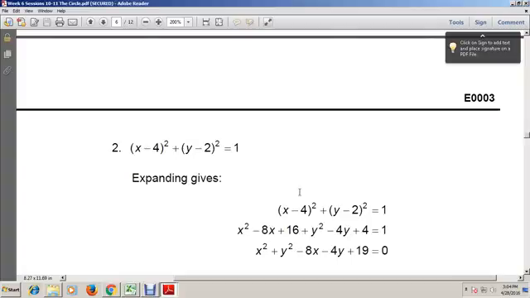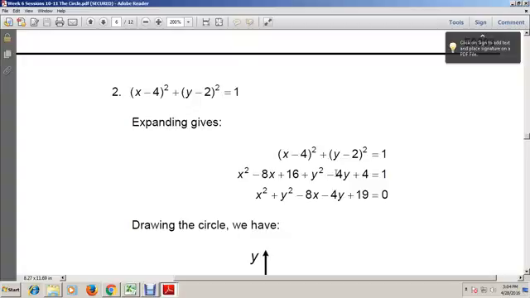Now, to convert this to general form, just like what we did in the first example, what we need to do is to get the square of the given binomials. So (x minus 4) squared gives us x squared minus 8x plus 16. (y minus 2) squared gives us y squared minus 4y plus 4, then equals 1.